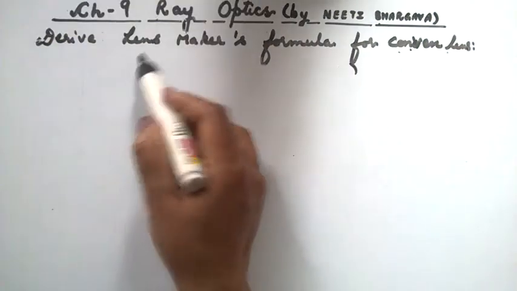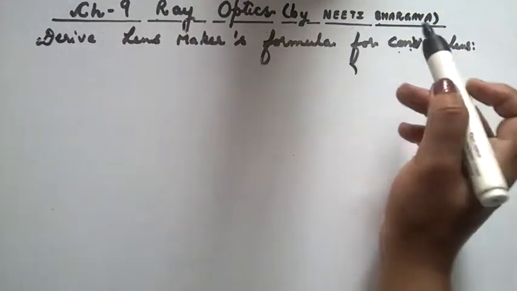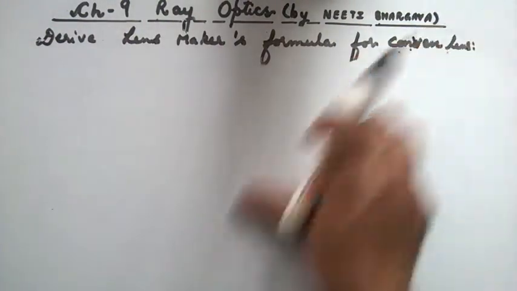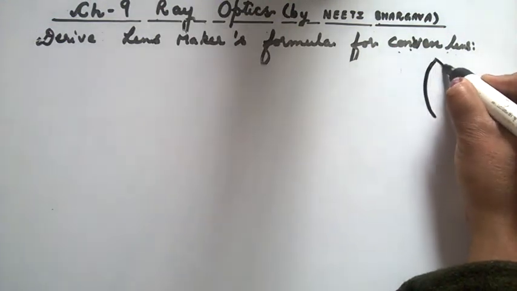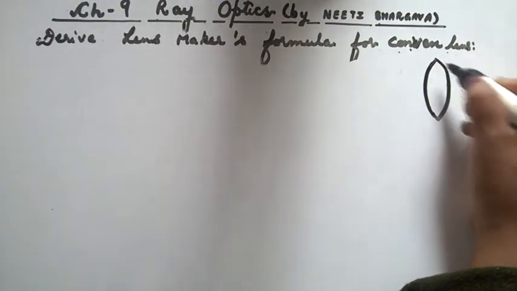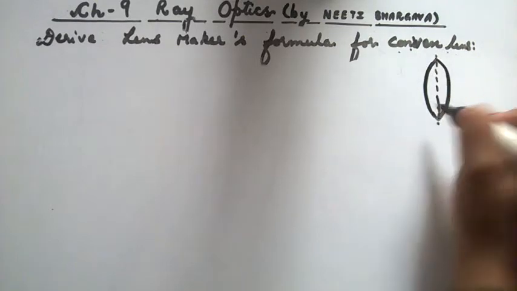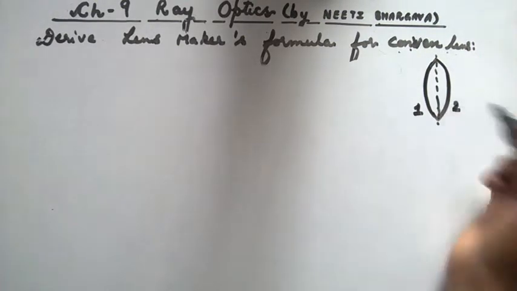In order to derive the lens maker's formula for a convex lens, let's divide this convex lens into two parts. This is the first refracting surface and this is the second refracting surface.